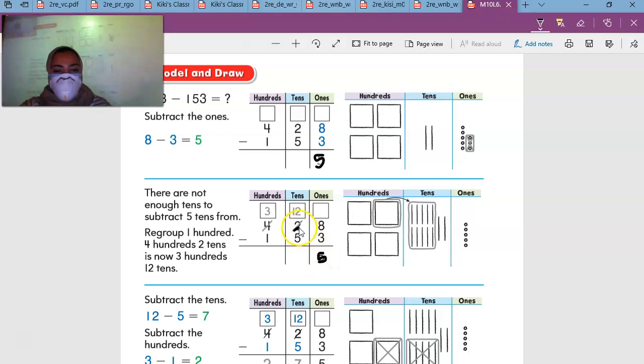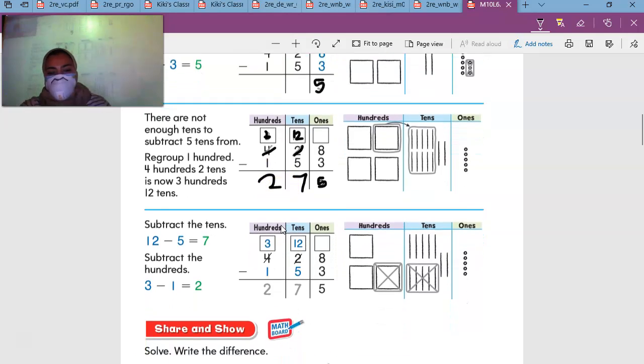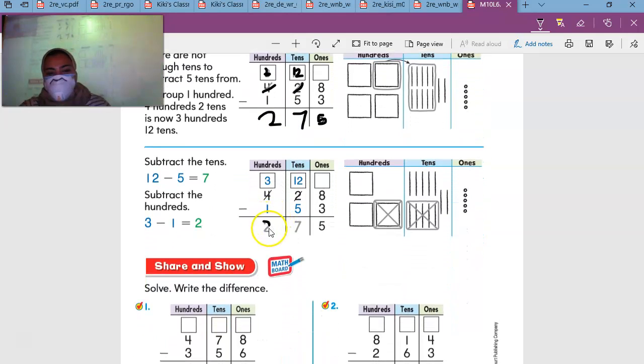You have to regroup. 2 becomes a 12, and the 4 becomes a 3 because you borrowed from the hundreds place. 12 take away 5 is 7. And 3 take away 1 is 2. So your answer is 275.